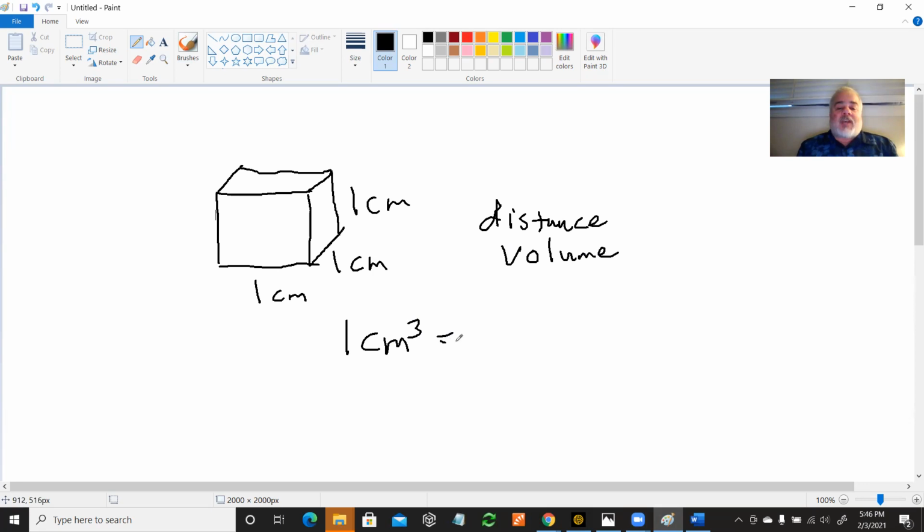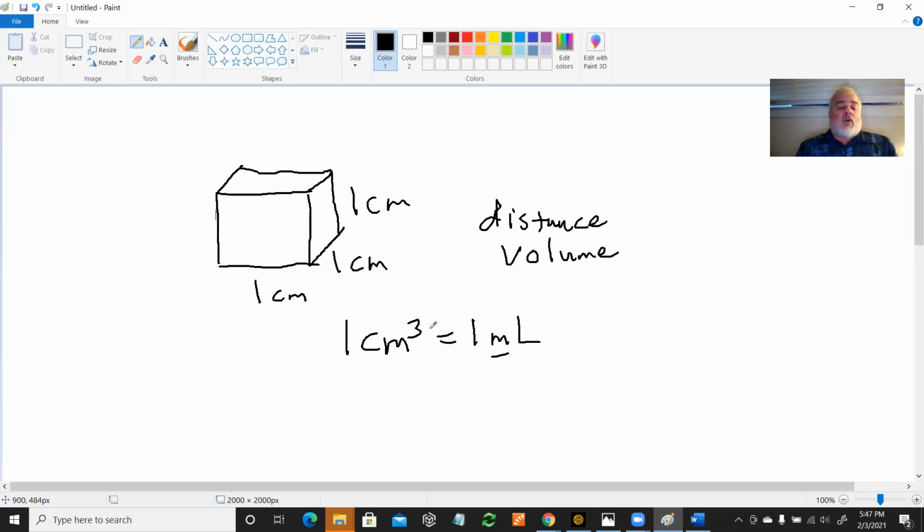And 1 cubic centimeter actually happens to be exactly 1 milliliter. They're the same. 1 centimeter cubed is a milliliter. Milli is 1/1000th. So I've got volume either in cubic distances or in the typical volume measures of liters.